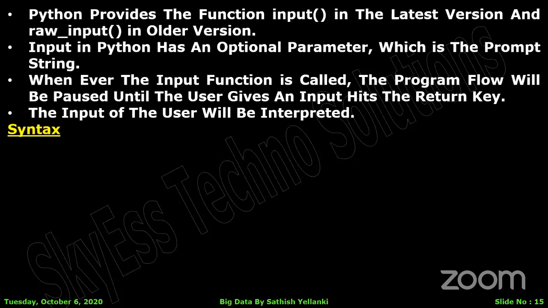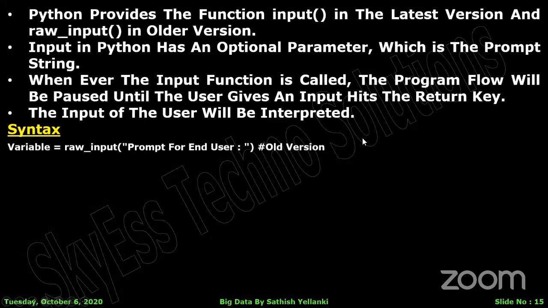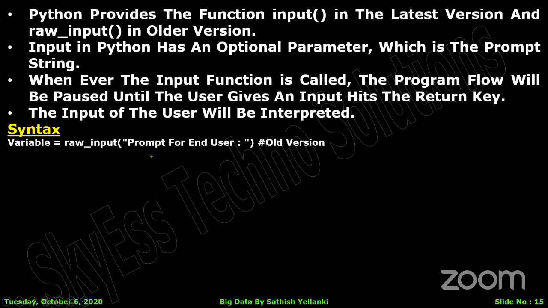Therefore the basic general criteria of the input function is that any input should be stored into a variable, so it is assigned. If you're working in the second version of Python, you'll use raw_input and assign that to some variable. If you're coming from other languages, the student will always have one fundamental doubt: sir, what data type should I consider for this variable?